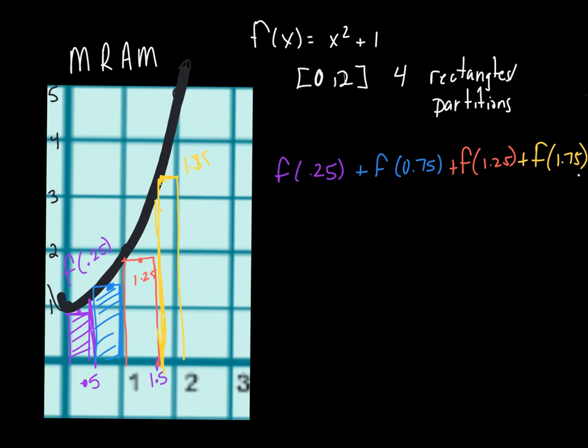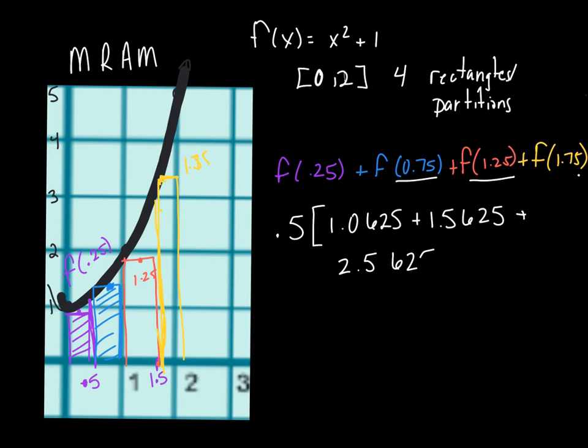The base for all of these is still the same. The base is still 0.5. Just for accuracy's sake, you want to make sure you have 4 decimals here. So f of 0.25 is going to give you 1.0625, plus f of 0.75 will give me 1.5625. f of 1.25 will give me 2.5625.